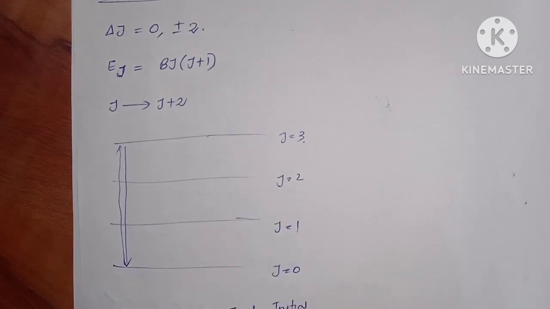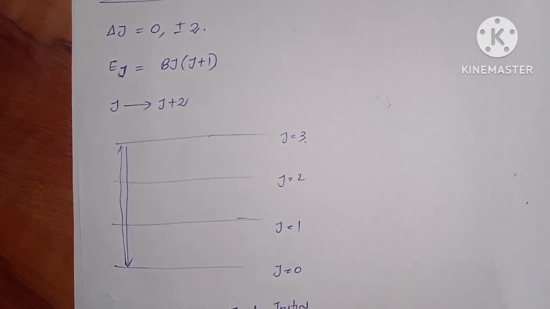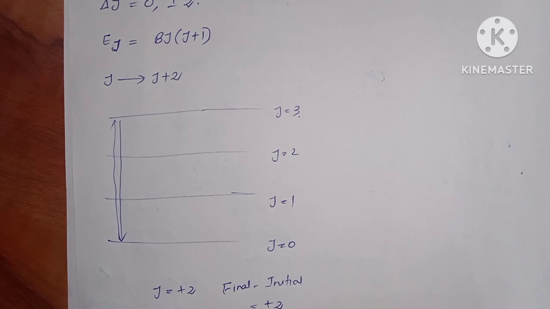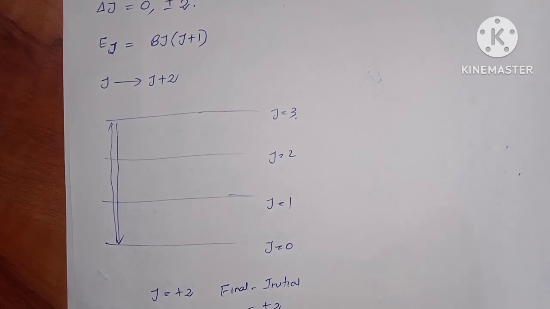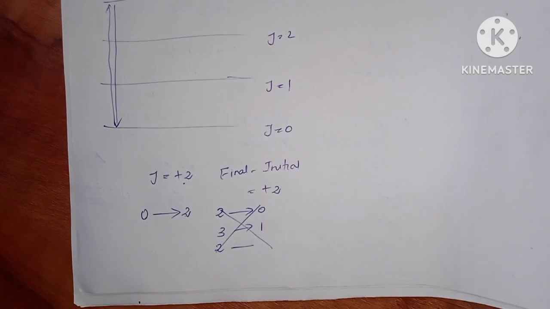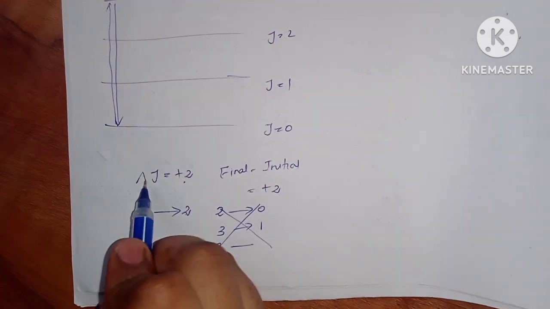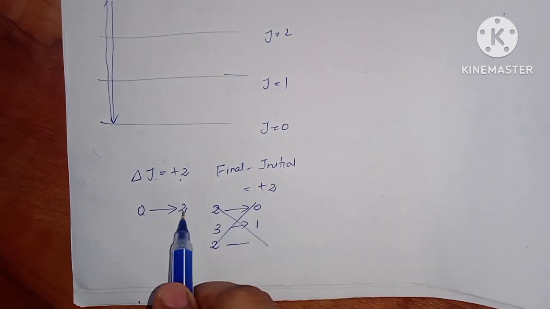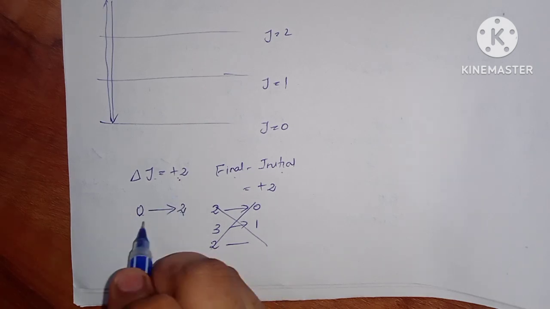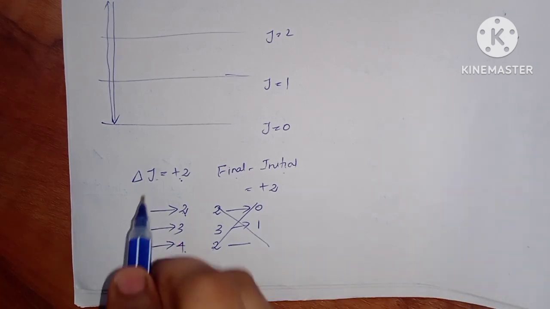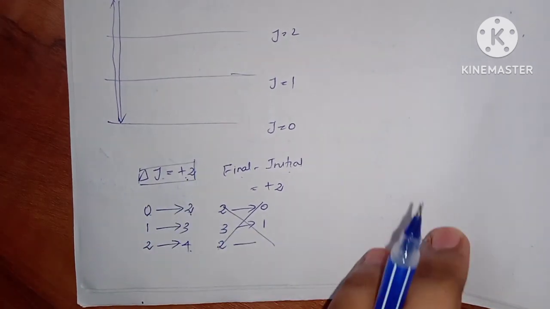So the transitions are 0 to 2, because 2 minus 0 is plus 2, and 1 to 3, 2 to 4. These are the transitions which cause delta J as plus 2.